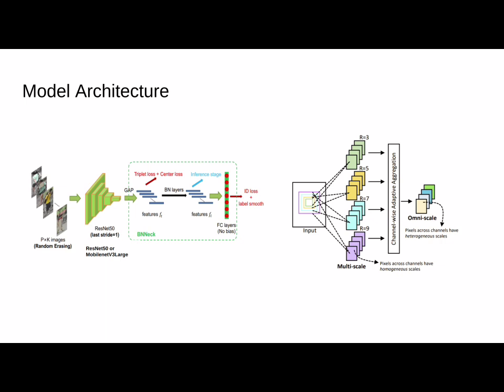The other model that I use for this project is OSNet, which is a model that is specifically designed for a person re-identification task. It is a very lightweight network that uses depth-wise convolution to speed up operations.